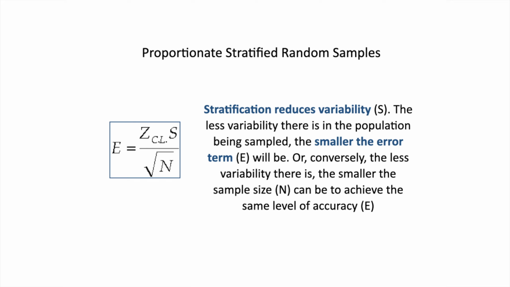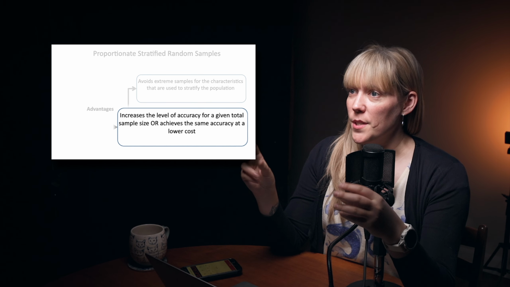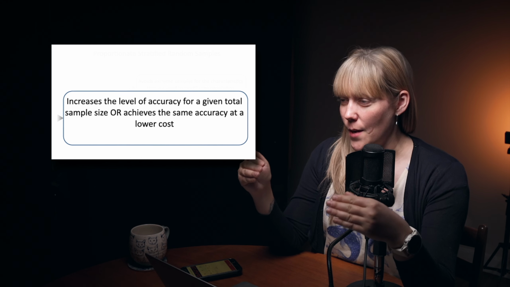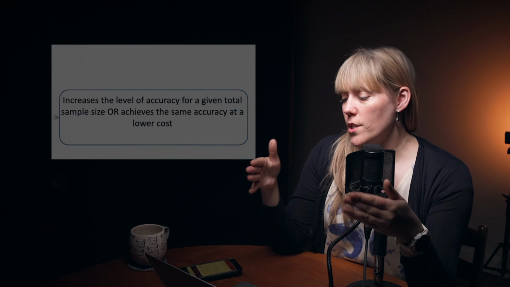If you're tight on resources, one of the things you can do is stratify on things that you know are relevant to your project, because you can achieve the same accuracy with a smaller sample, which means the same accuracy at a lower cost. So proportionate stratified random samples minimize sampling error because we're making these homogeneous groups that we just take proportionate samples from.